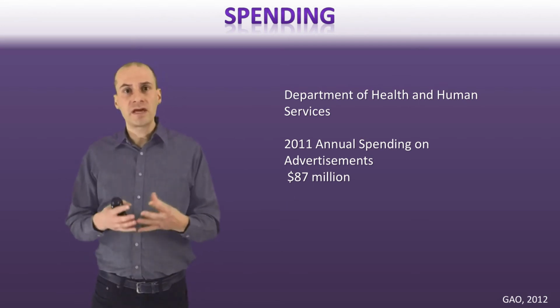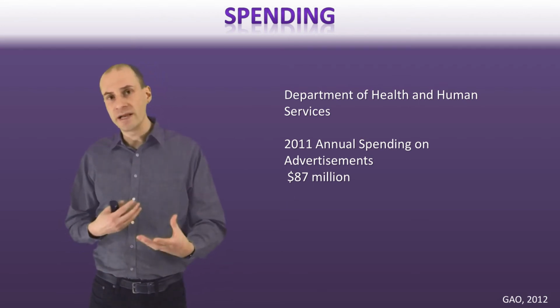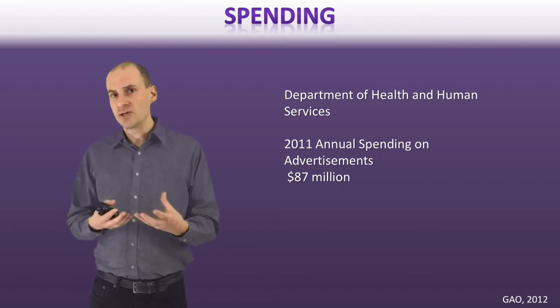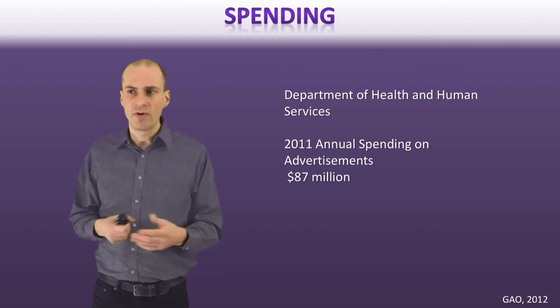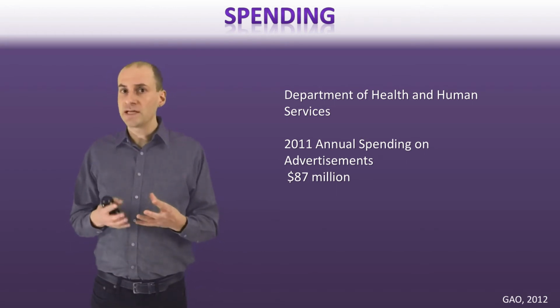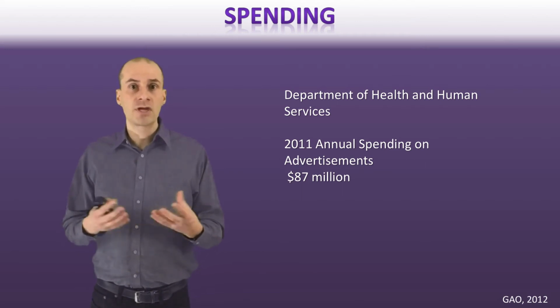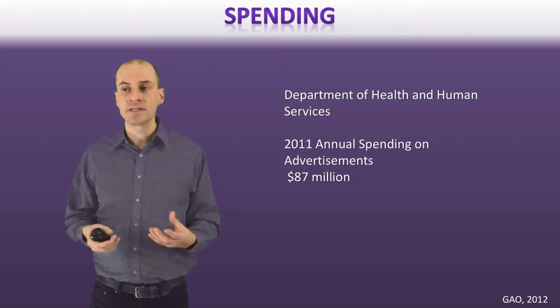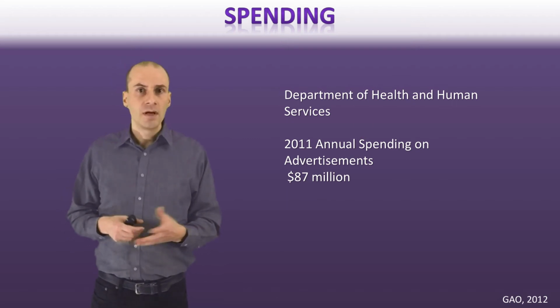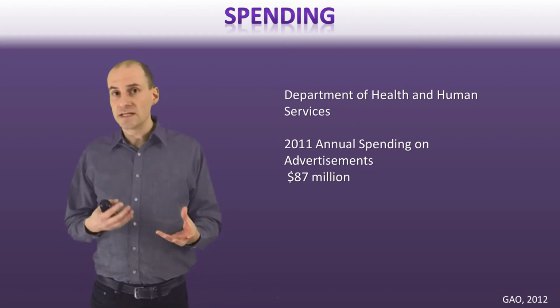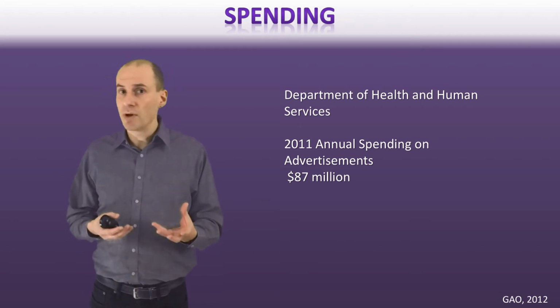Now, when you think about public health and the way that we try and impact public health, in 2011, which is the most recent data I was able to find, DHHS spent $87 million on public communications, public service announcements targeting the public. So think about that. Does that seem like a large amount of money or a small amount of money?